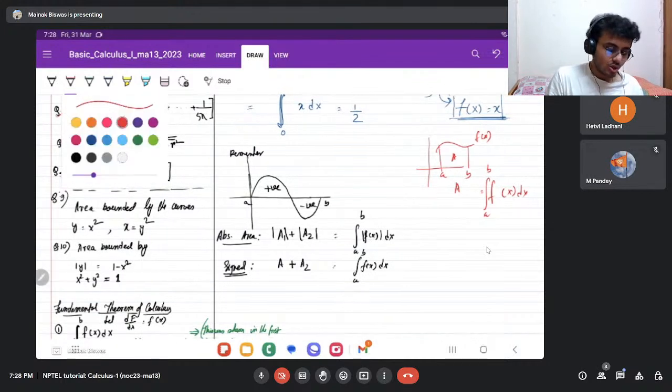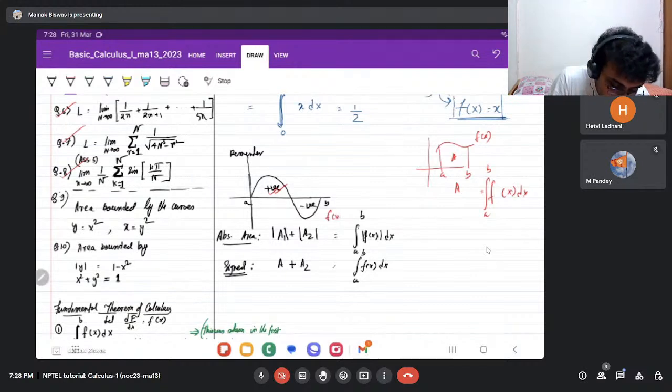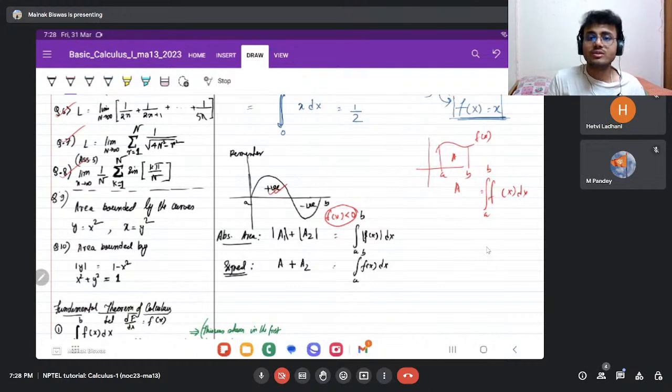Your areas would be positive above the x-axis and negative below the x-axis. Are you understanding why it will be so? Because your f of x is less than 0, right? If f of x is less than 0, then your integral is less than 0. You can always put 0 as an upper bound to that function and make it a constant function.